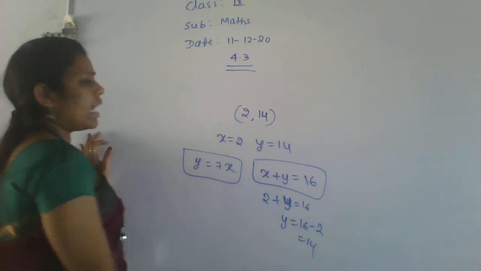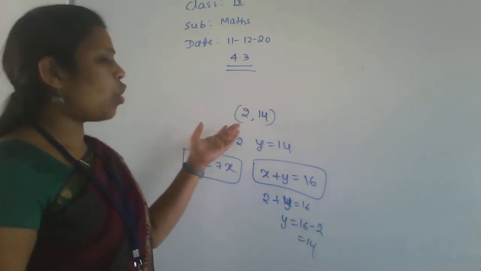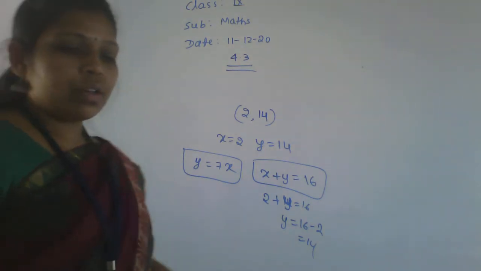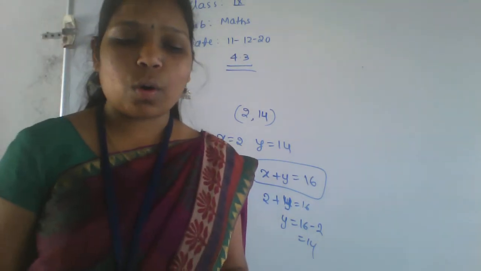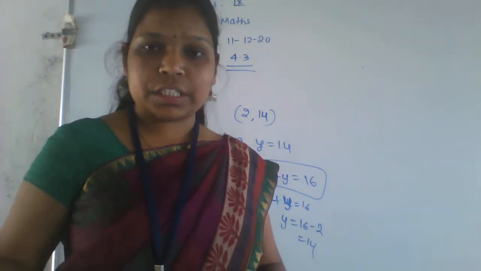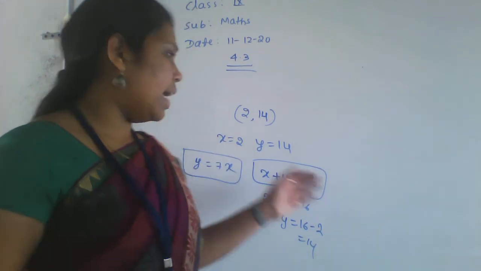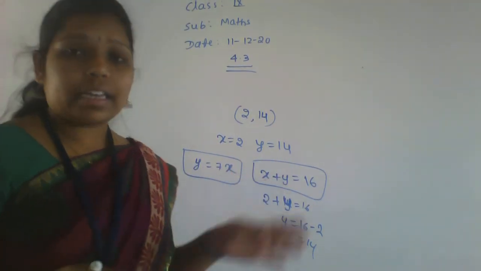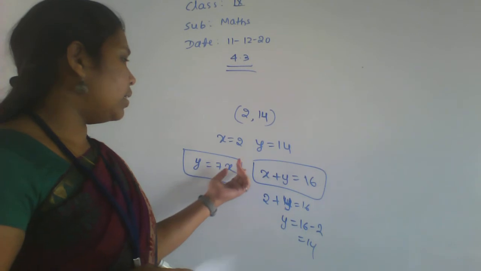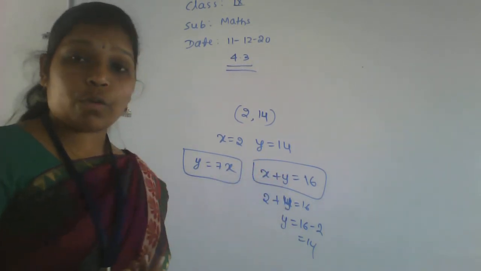Okay. So we can make any number of equations for these coordinates (2, 14). For any one coordinate we can make so many linear equations which pass through that point. You can alter the variables. You can take coefficients like 1x, 2x, 4x, 5x, 4y, 6y.